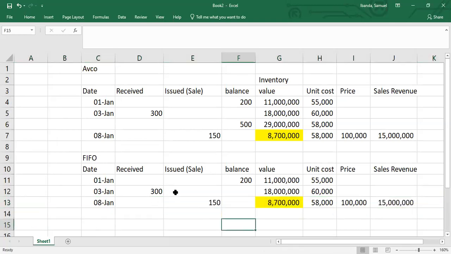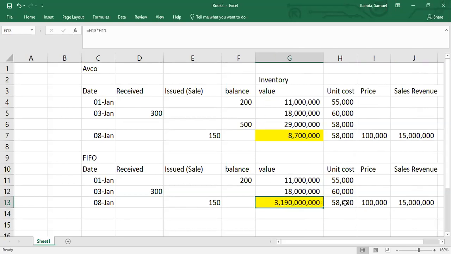Okay, all we shall come to is issuing here. When we are issuing, the value of this inventory, since this is 150 and we started with 200, will be valued at the 55, which is the value of inventory here. We shall basically value it at 55. Okay, so that is what we shall basically do.